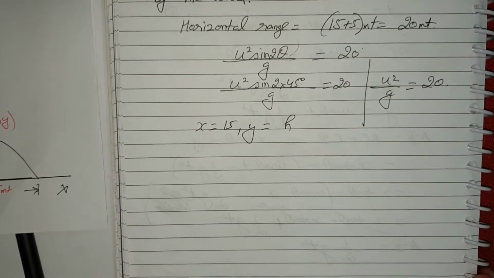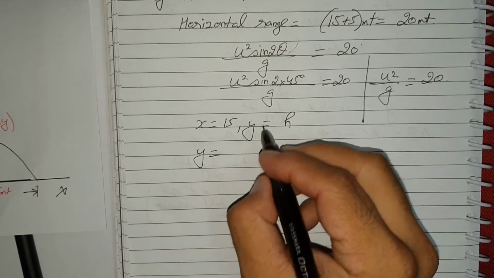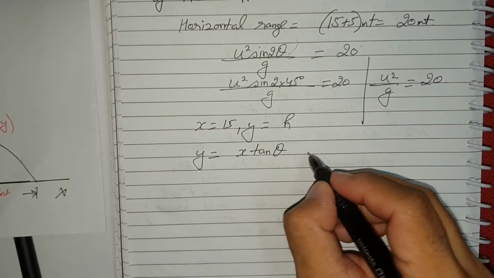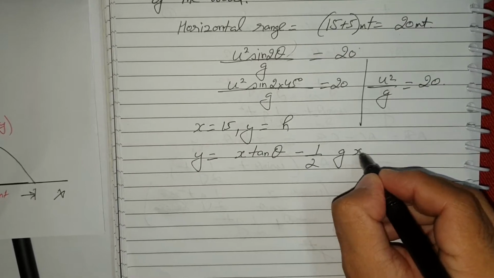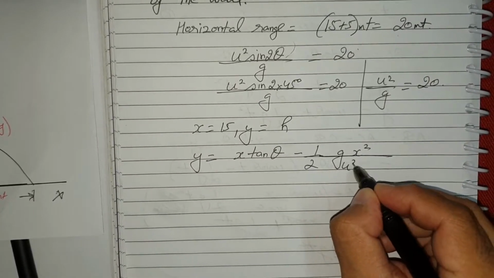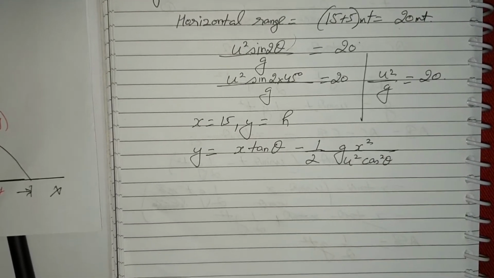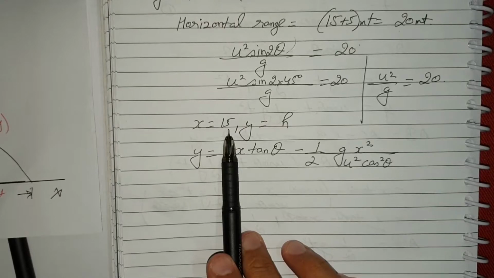Now, using the equation of trajectory, as we have done, y is equal to x tan theta minus half g x square by u square cos square theta. Now, substituting the values, y as h, x 15.